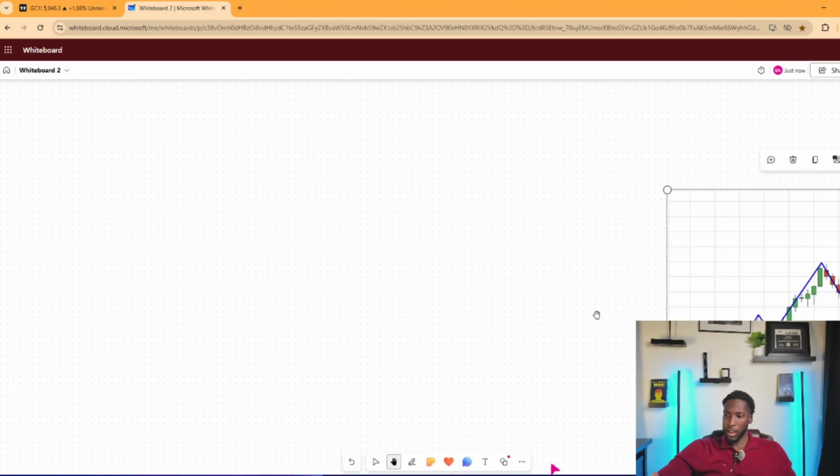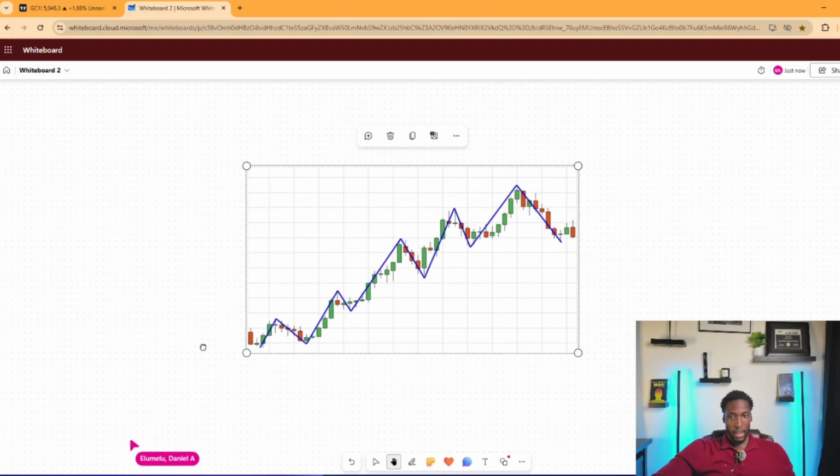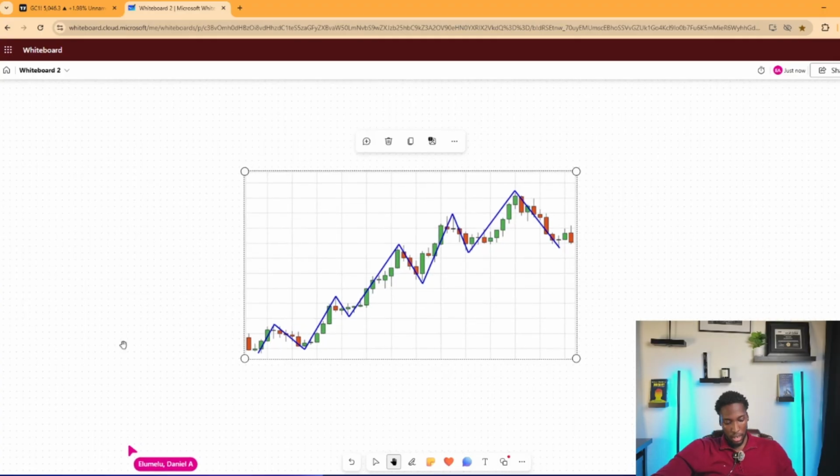So, well, how, ladies and gentlemen, do you discover if we are in a trending market? Let me show you. When we are in a trending market, you have to be able to identify correctly what exactly it is that the chart is doing. So, remember we just went over those bullish candlesticks and bearish candlesticks and all of that.